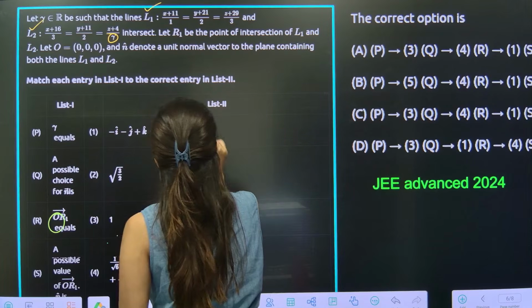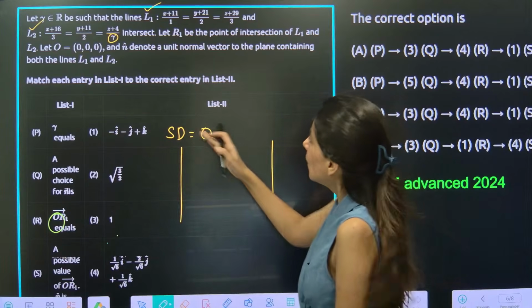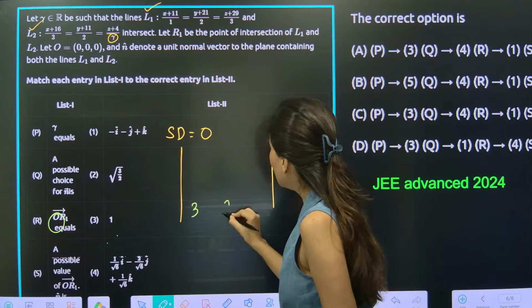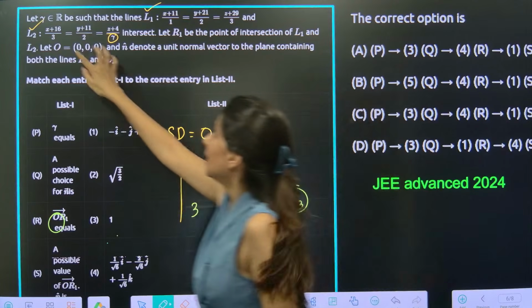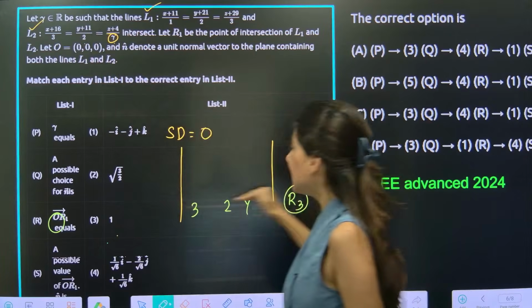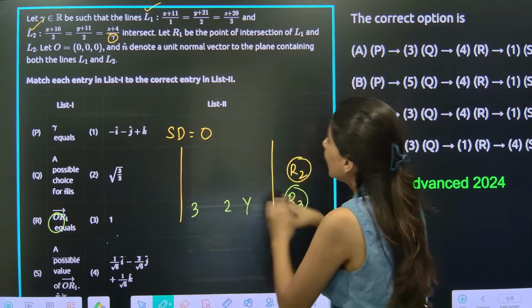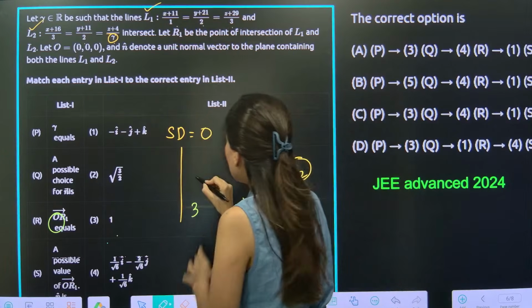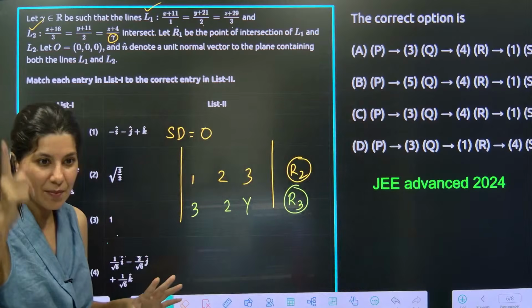Now if I create a determinant, and this is 3, 2, gamma. Row number 3 will be nothing but the direction ratio of line number 2. Row number 2 will be the direction ratio of line number 1. Getting it? Remember the formula of shortest distance.